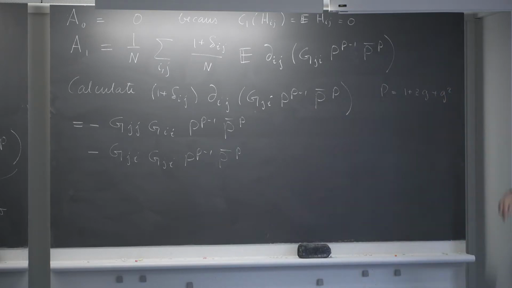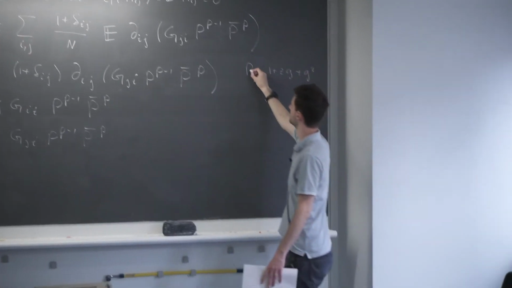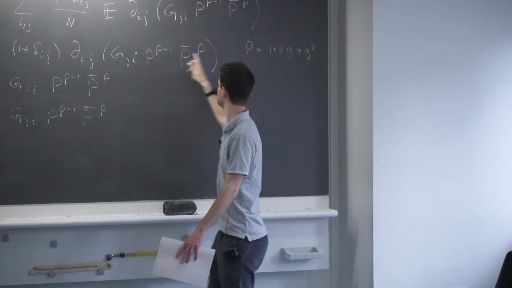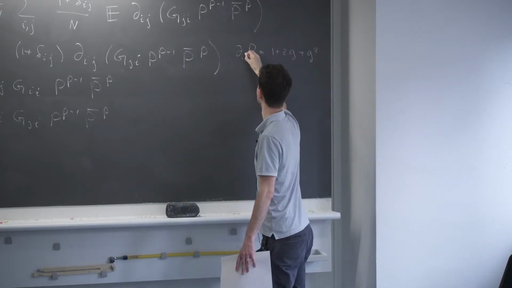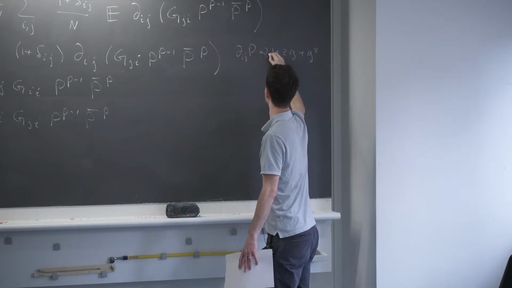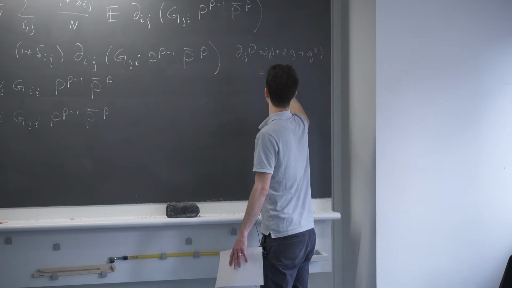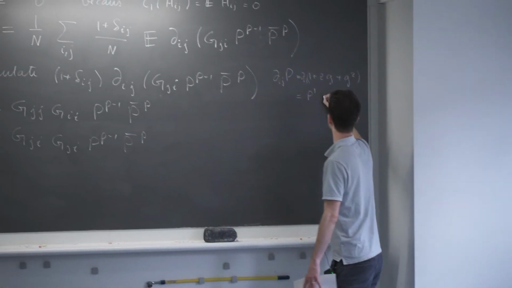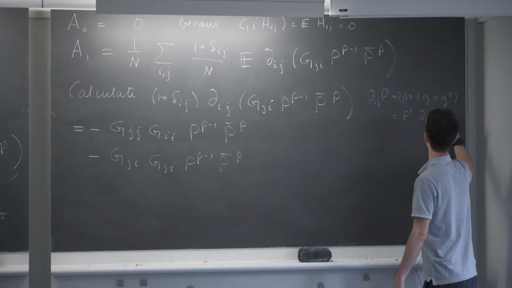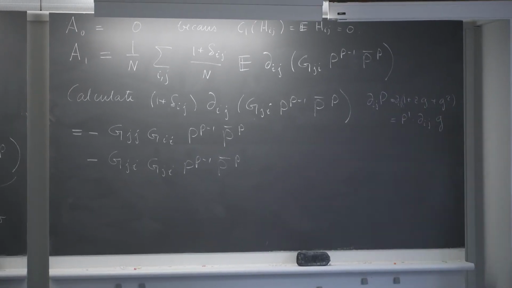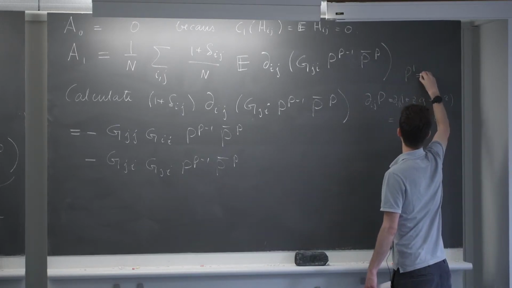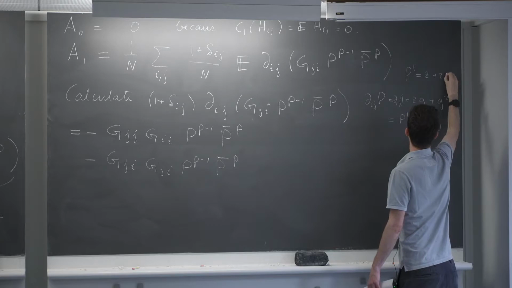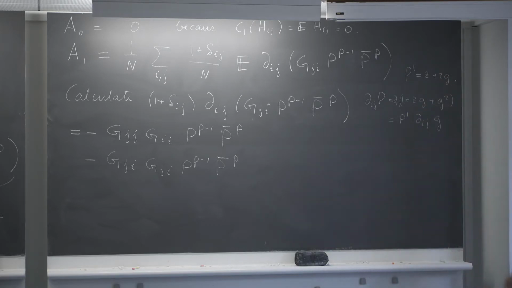So by the chain rule, the partial derivative of this will be p prime times the derivative of g. And p prime is equal to z plus 2g. Okay, it's the partial derivative in the argument g.